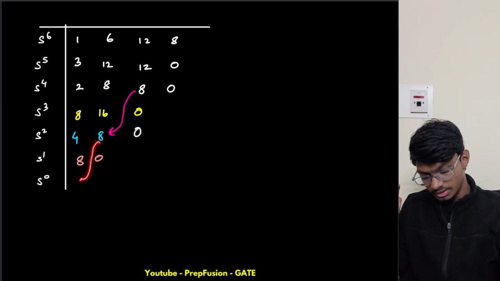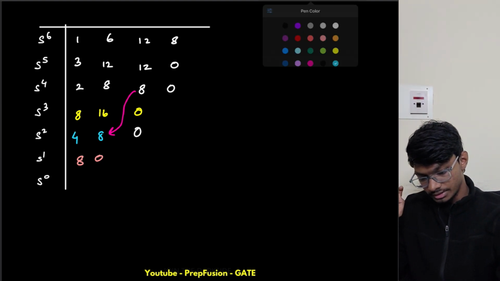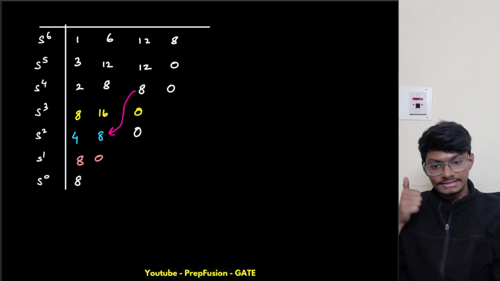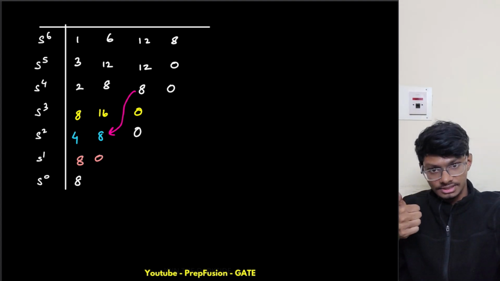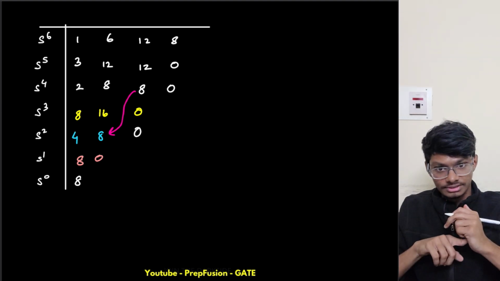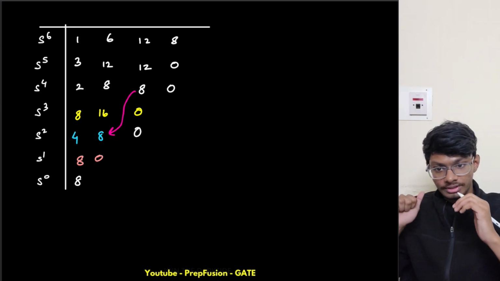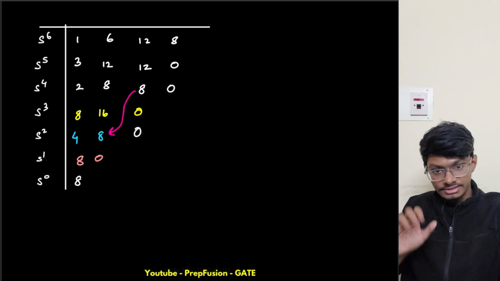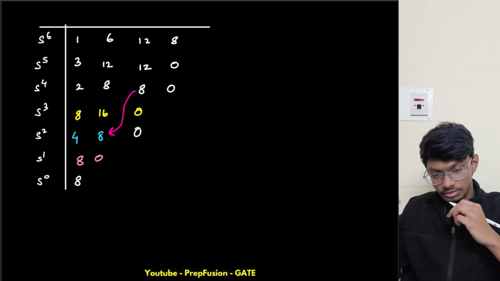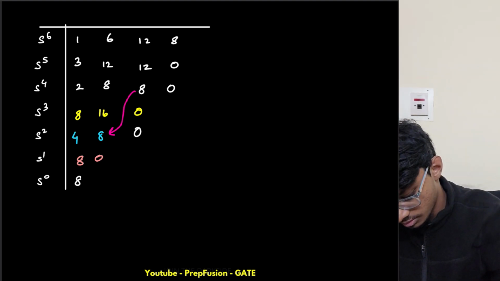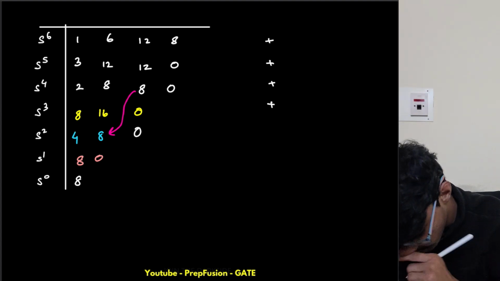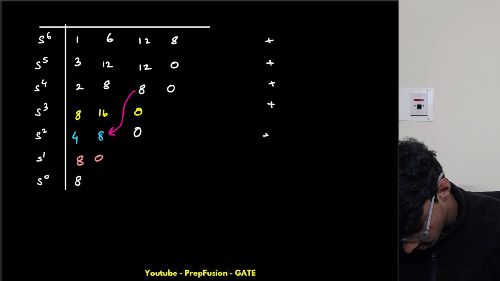Now this is 8, 0, and this will be 8, just a shortcut. Now can I see any sign change? I don't see any sign change. So my other two roots will lie on the left half of the S plane. This is plus, plus, plus, plus, 1 2 3 4 plus.